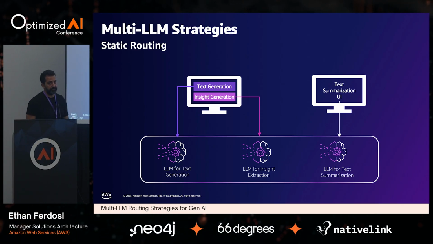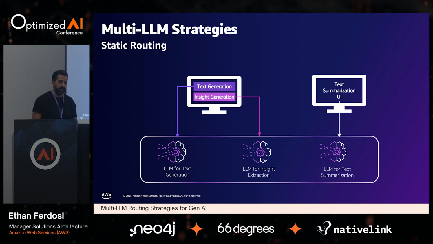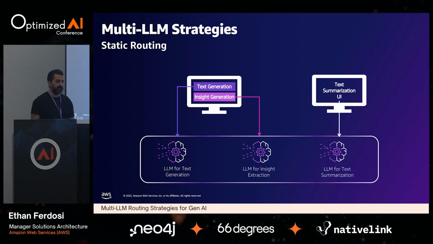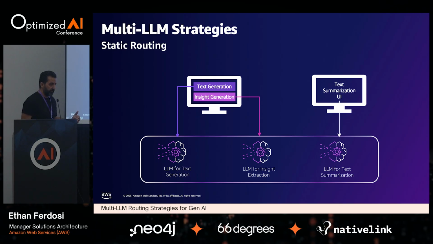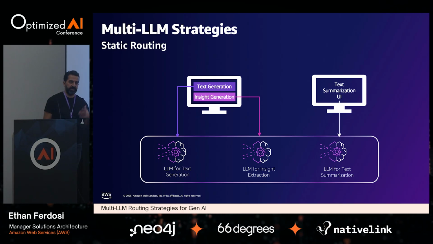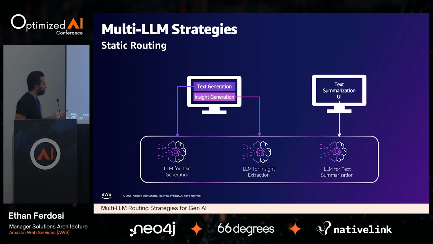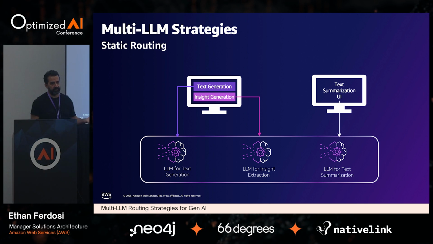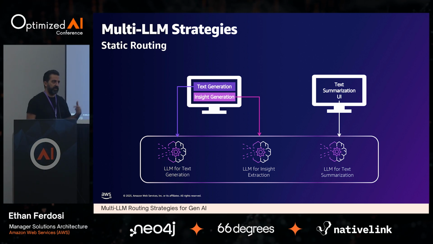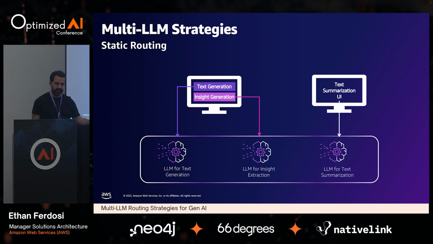So you basically have different UI components in your application, and each is directly tied to a language model. The example that I have here for you is content marketing. Imagine there is a team with some people required to do text generation for generating new ads, new blog articles, headlines, and those sorts of things.